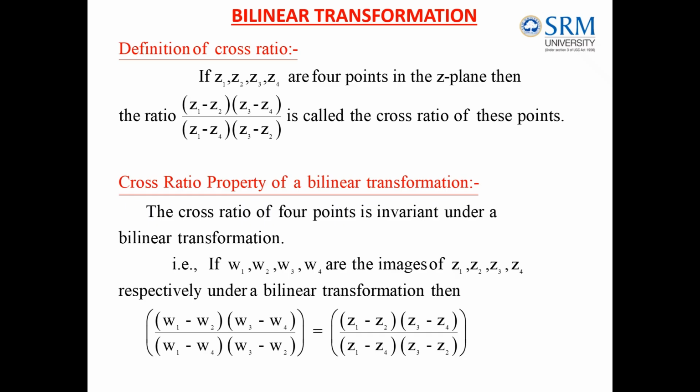Next comes a property based upon this cross ratio. The property says that the cross ratio of 4 points is invariant under a bilinear transformation.